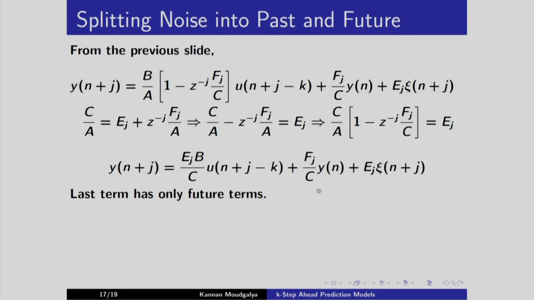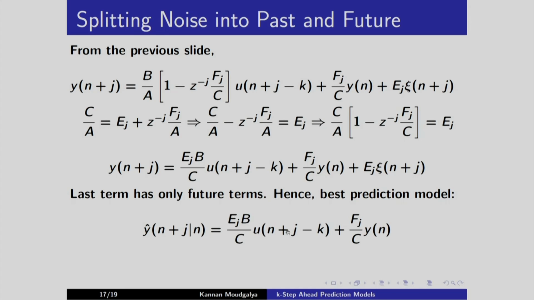The last term has only future elements as we discussed earlier, because it has only polynomials, but only up to powers z power minus of j minus 1. So it has all future terms, hence the best prediction model is given now. What do you have to do?